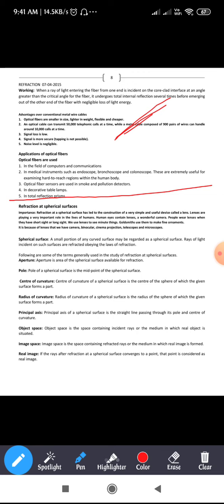Next, optical fibers are used in sensors, in decorative table lamps, and in the total reflection prism. I think you have seen these decorative table lamps, right? It is an example of optical fibers. These are some of the applications of total internal reflection.